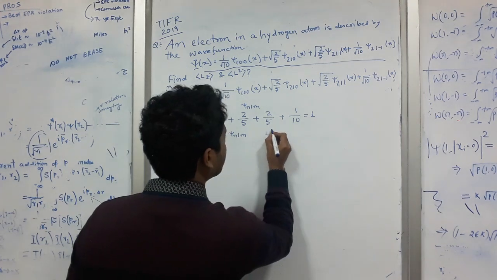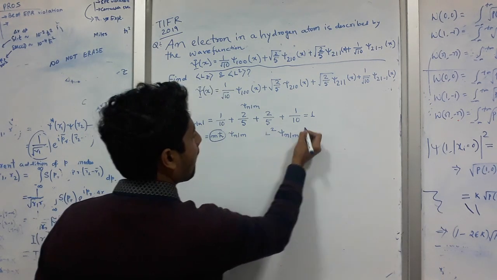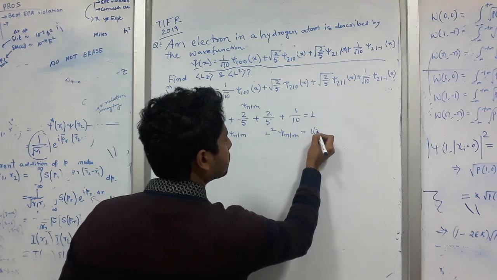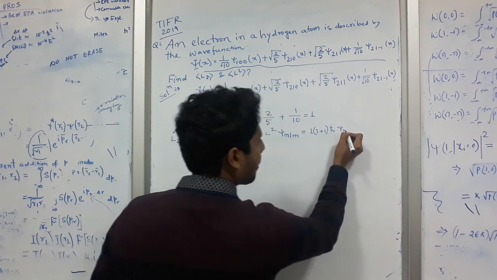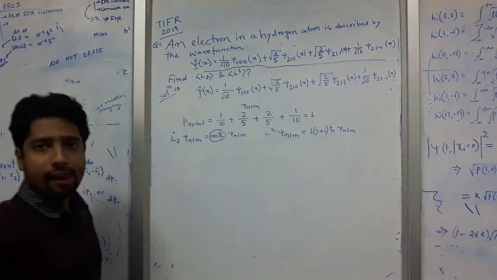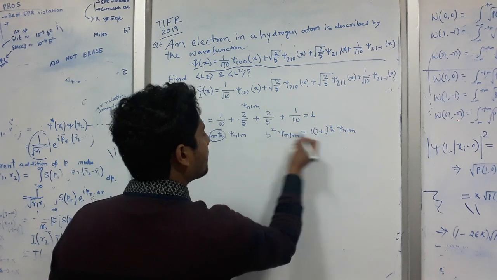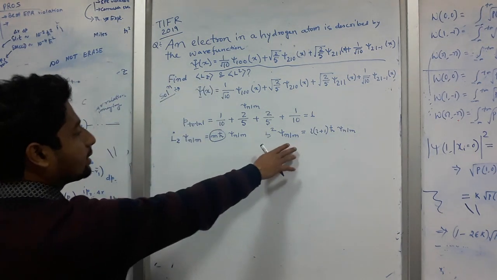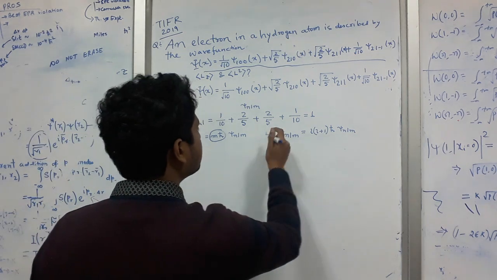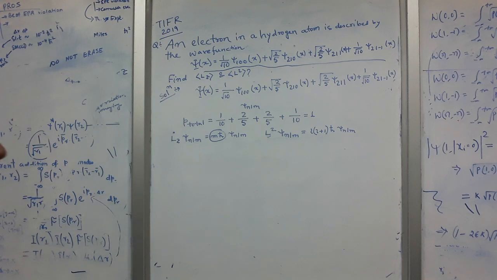Similarly for L square also. So these two steps are clear. This state psi n l m is the eigenstate of the operator L square as well as the operator Lz, which is very good news.